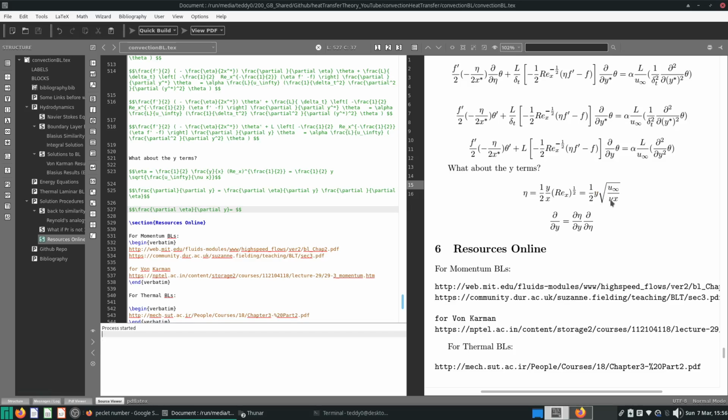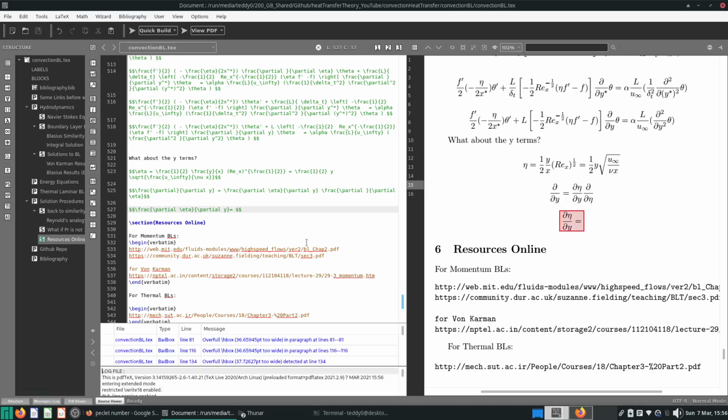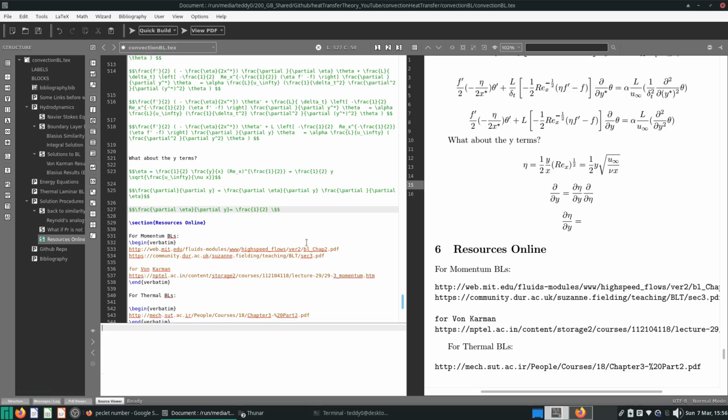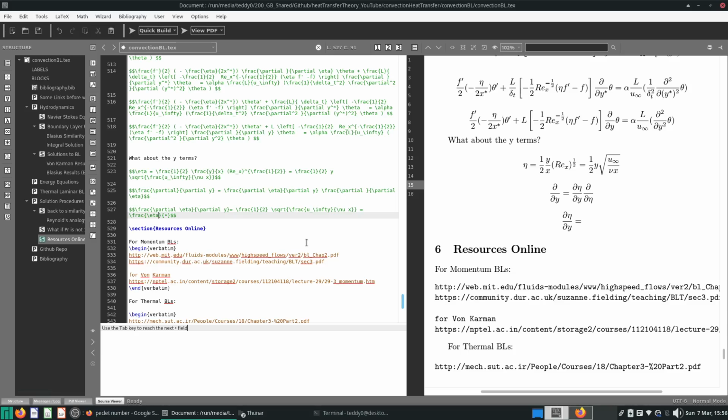Everything else is constant with respect to y. So the thing is just fraction 1 over 2 square root of u infinity on top and nu x at the bottom. And the other way to think about it is just eta over y.